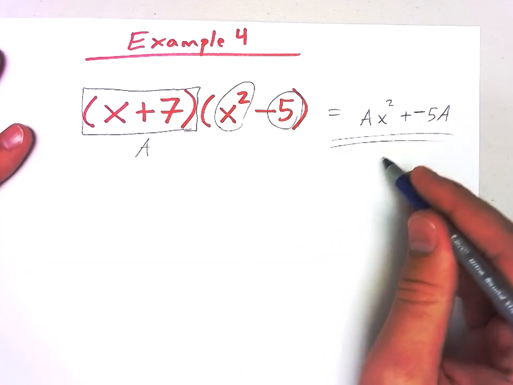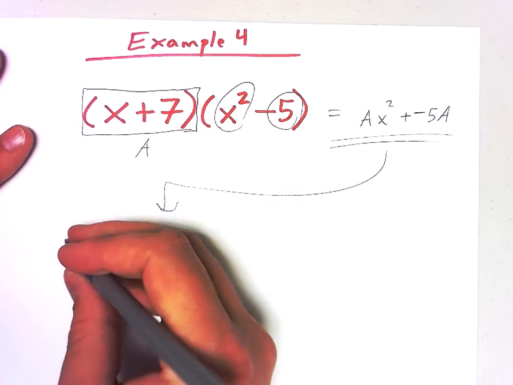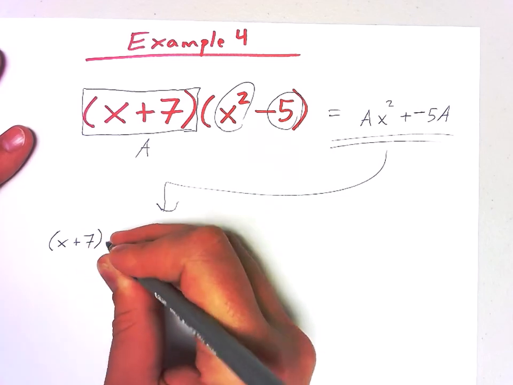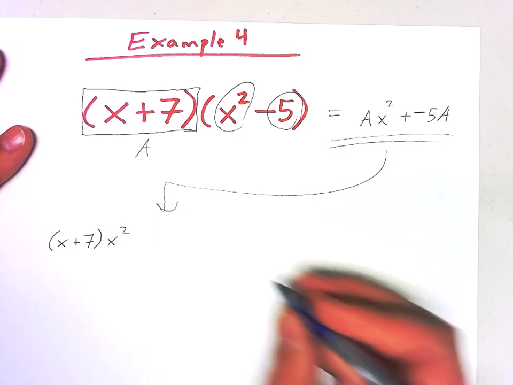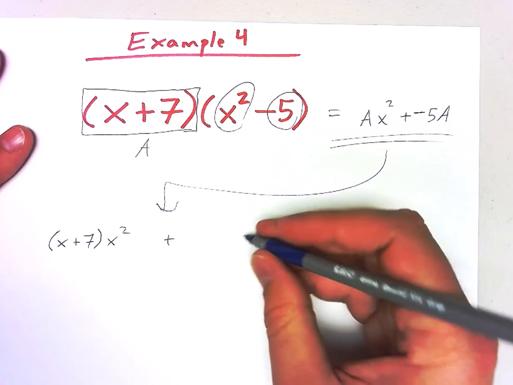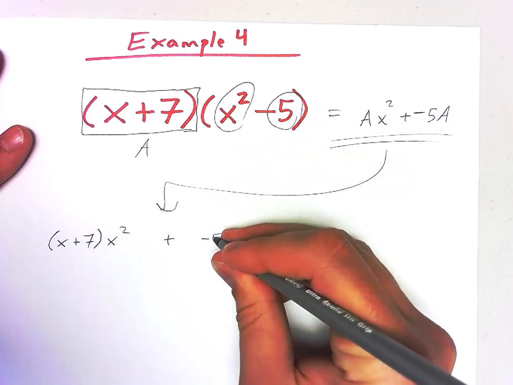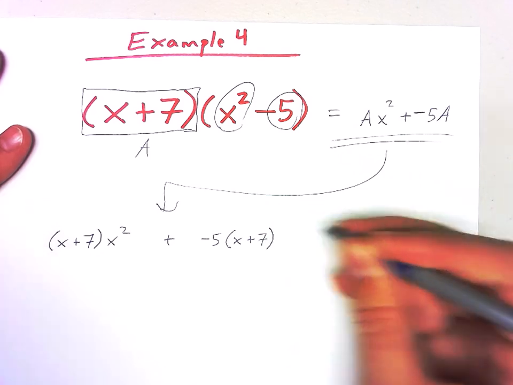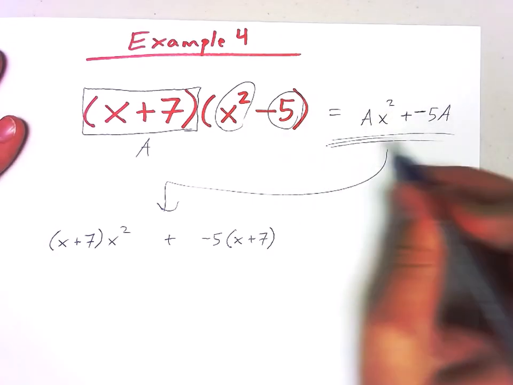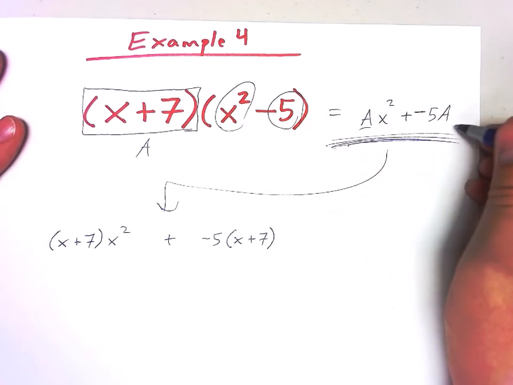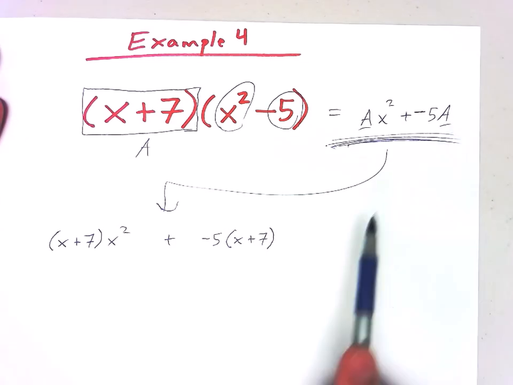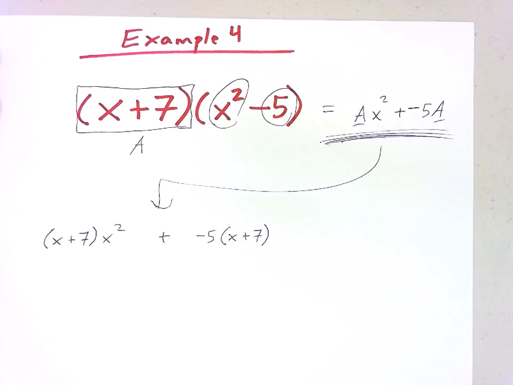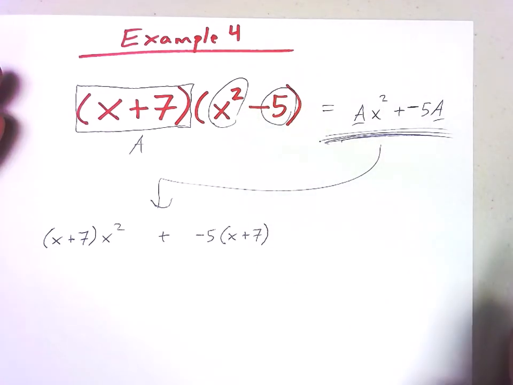So really, what that means is x plus 7 times x squared plus negative 5 times x plus 7. Okay, I just rewrote this, but where the A's are, I replaced it with x plus 7, because that's what we were using A to represent there.